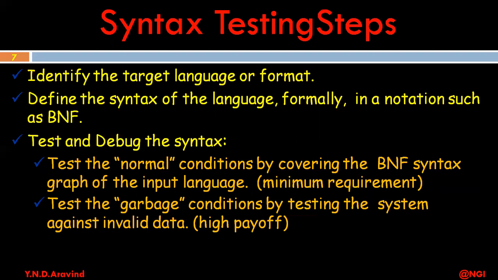The fourth step is normal condition testing, which consists of covering a set of input strings, including critical loop values. The difficult part about normal case testing is predicting the outcomes and verifying that the processing was correct.